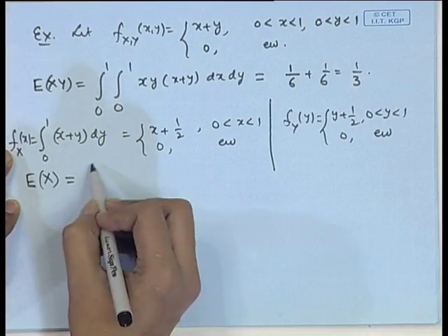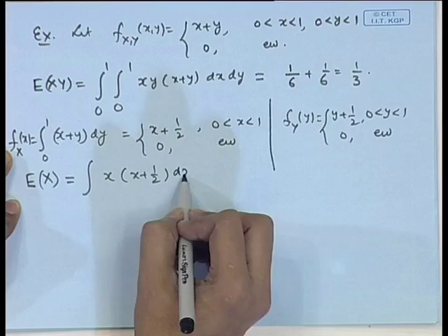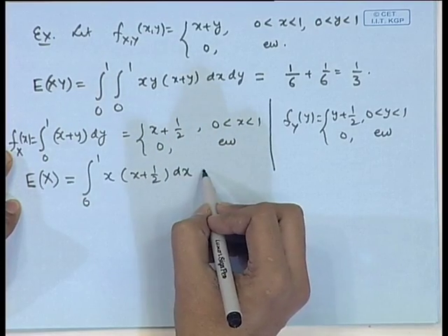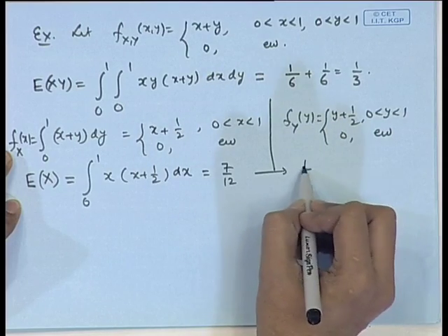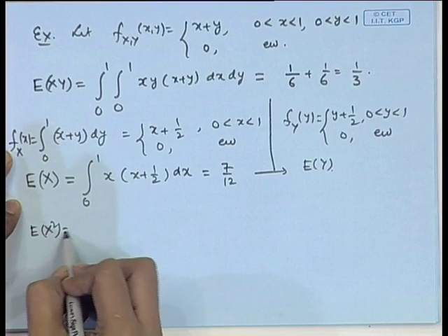So, expectation of x becomes the integral of x into x plus half from 0 to 1, which is obviously 7 by 12. So, the same value will be expectation of y, and expectation of x square likewise can be calculated.